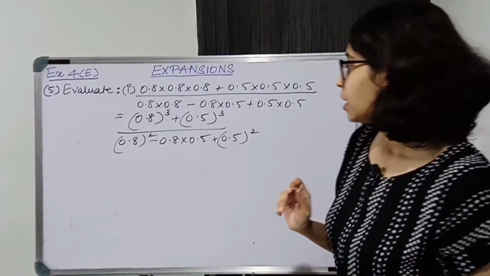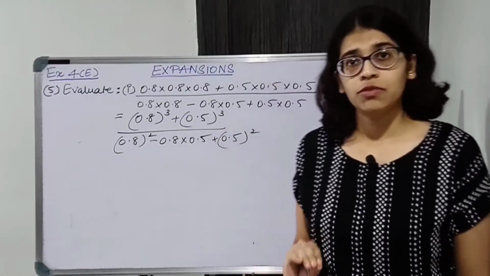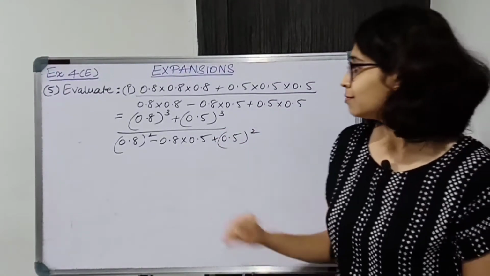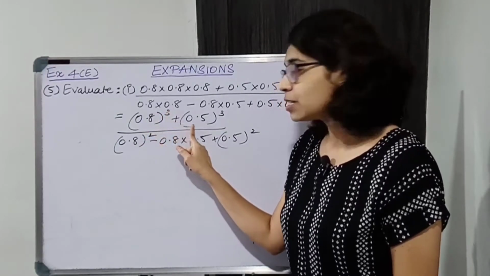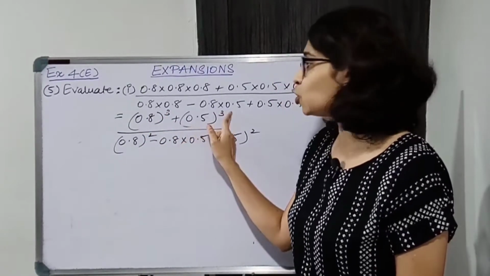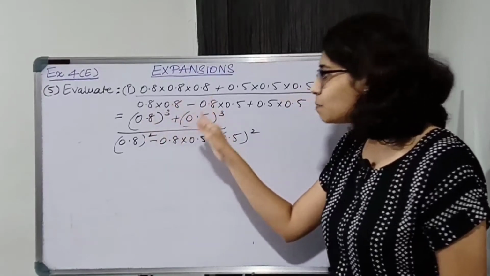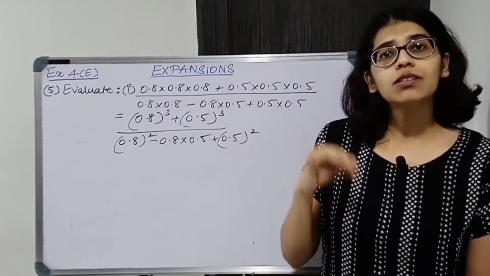Okay, now check the numerator. If this is A, then this is A cube. If this is B, then this is B cube. So A cube plus B cube, what is the special product?